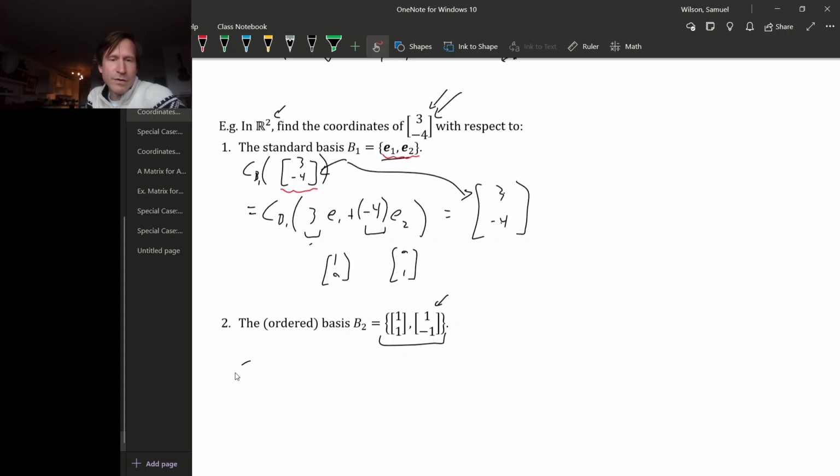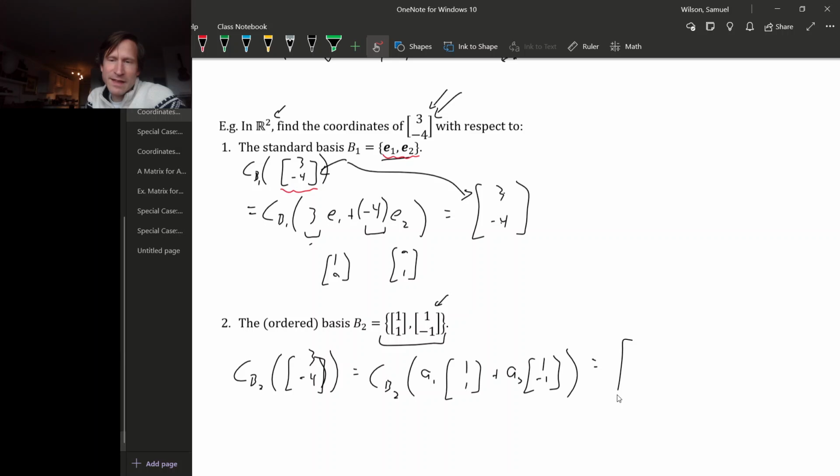So the coordinates with respect to this new basis of 3, minus 4. To compute this, what we would do is write 3, minus 4 as some linear combination of these basis vectors, 1, 1 and 1, minus 1. Then the coordinates will be just the coefficients, a1 and a2.